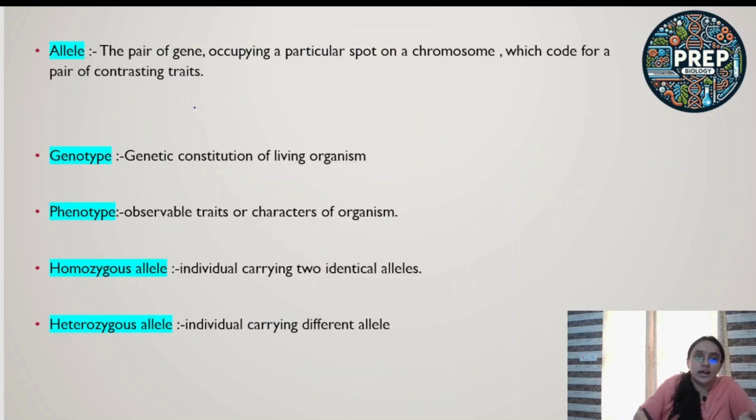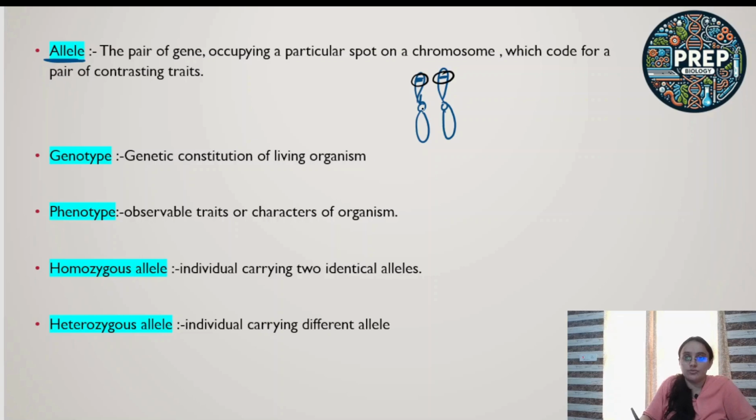Next, what is an allele? Allele is very important. An allele is one of a pair of genes occupying a particular spot on a chromosome, which code for a pair of contrasting traits. Suppose this is a chromosome and here is the location of the allele.